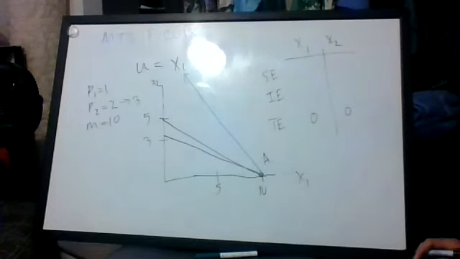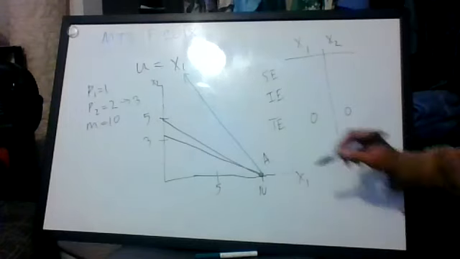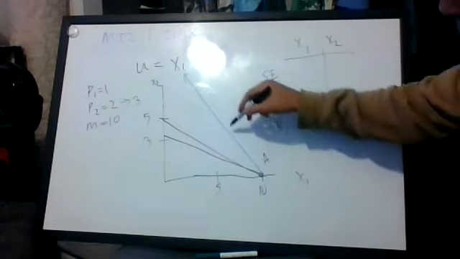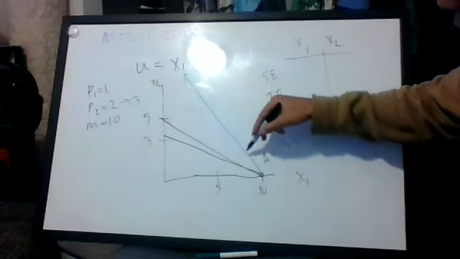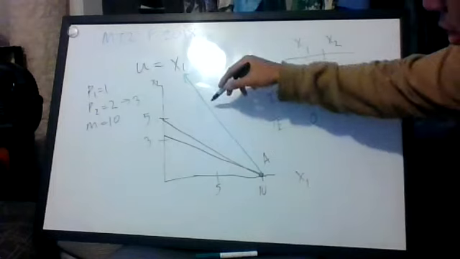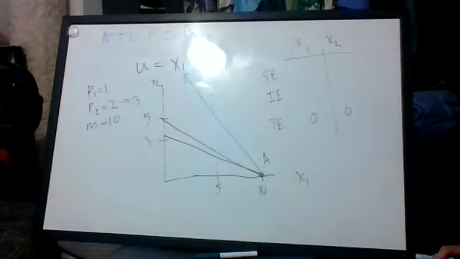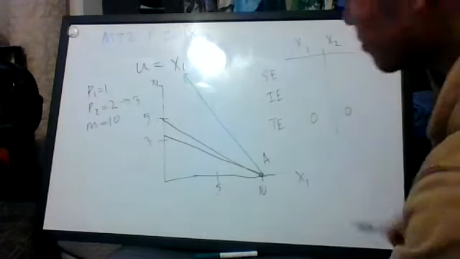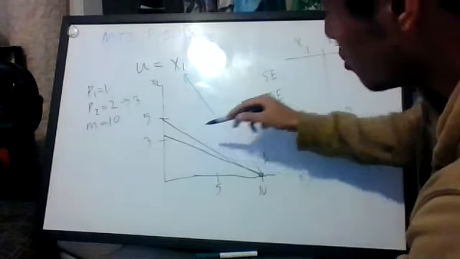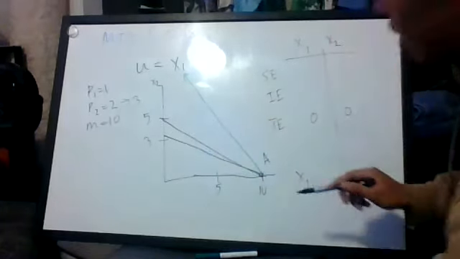And so basically it has to have the same utility as this indifference curve, but it also has to have the same slope as this curve right here.